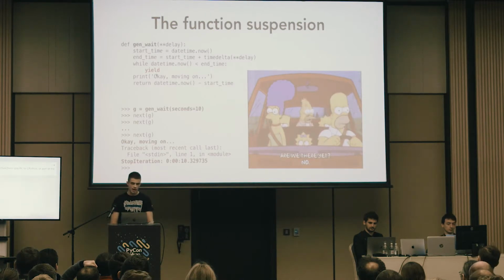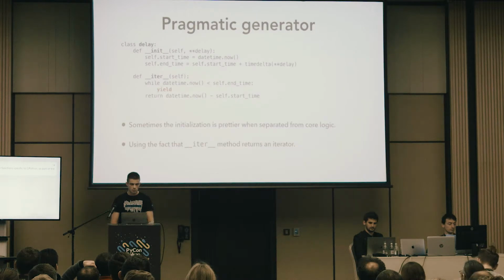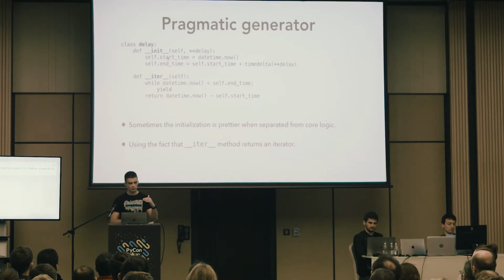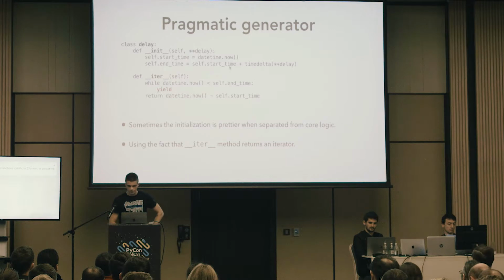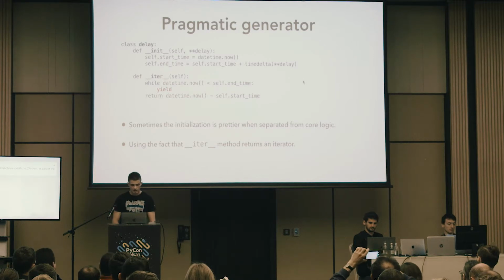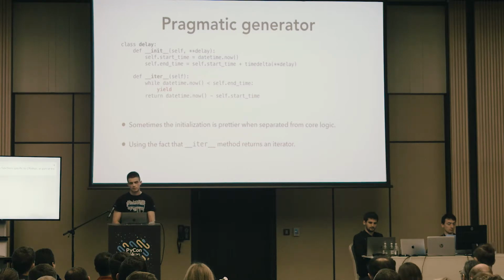And in this case, I would advise to go for a more pragmatic approach, which is to separate the initialization from the actual logic, right? This may look nice. It may not. It can look even nicer, right? You can do basically whatever with this because now you have your own custom type.